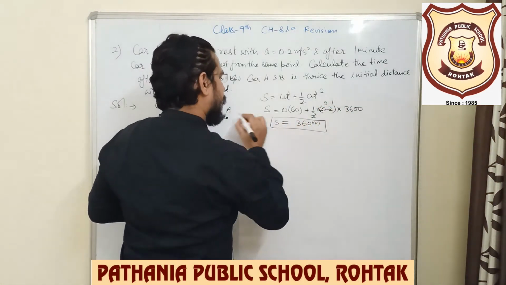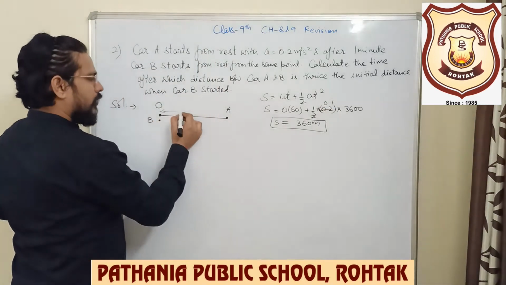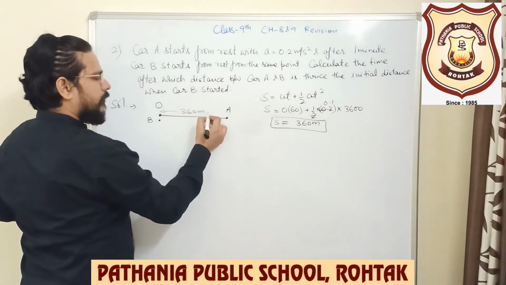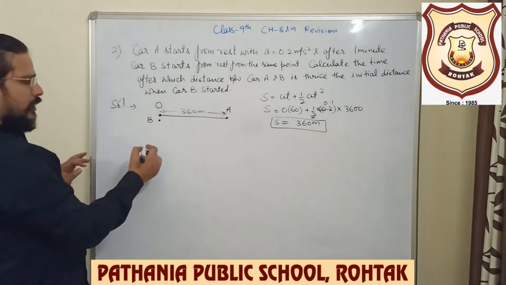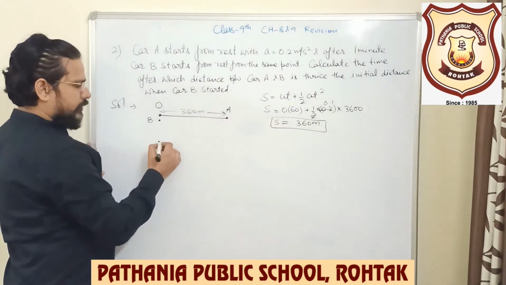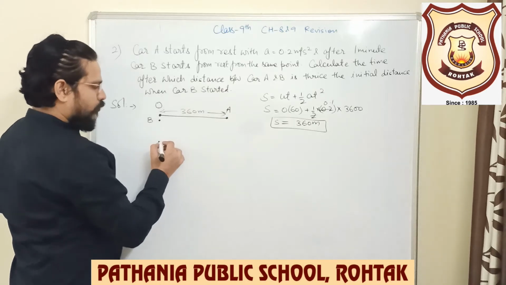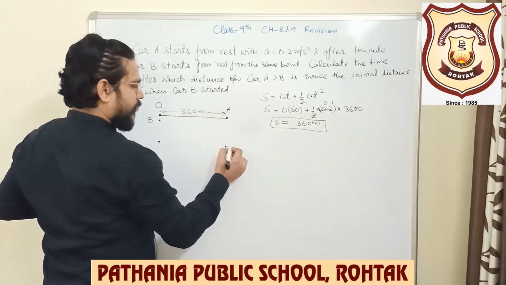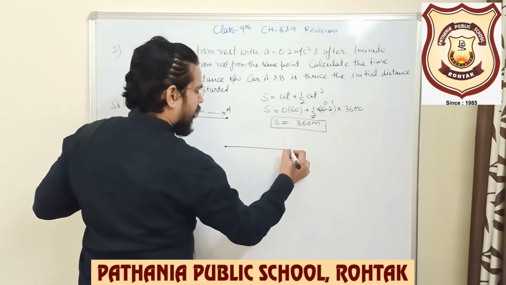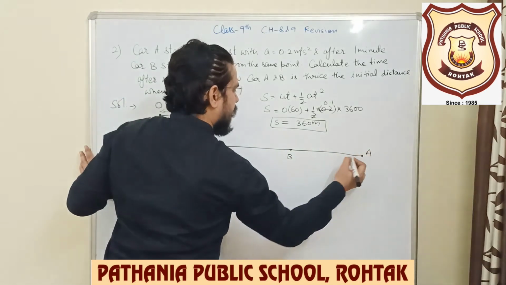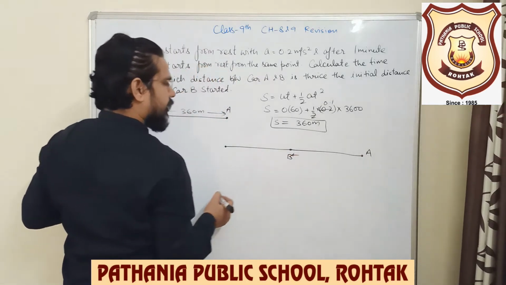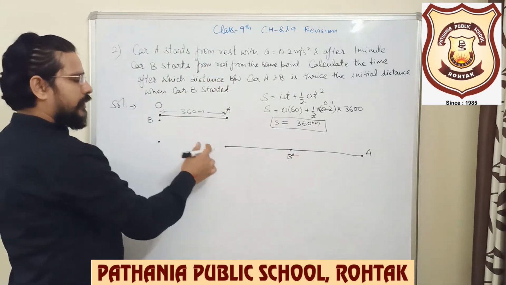So it means the initial distance between car A and B is 360 meters. Now according to the question, we are interested in calculating the time when car B and car A are at a distance which is thrice the initial distance.